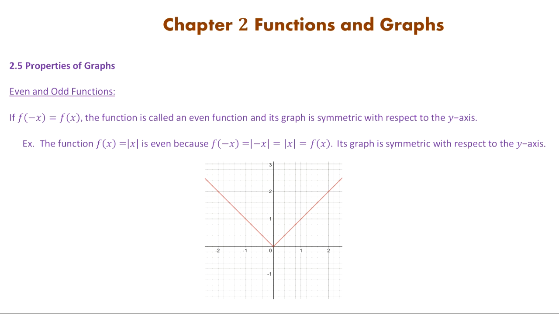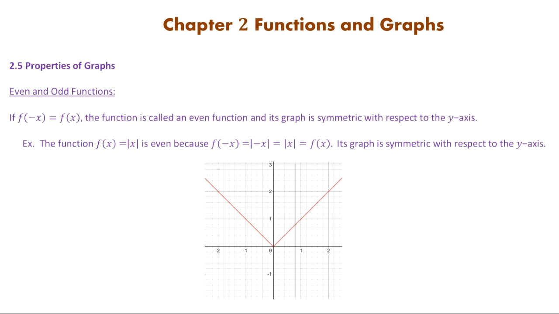If the graph of a function has symmetry with respect to the y-axis, then we call this function even. If the graph of a function has a symmetry with respect to the origin, we call it an odd function.